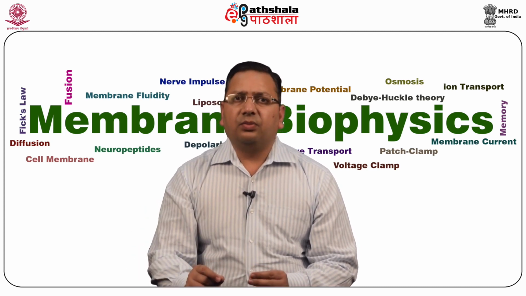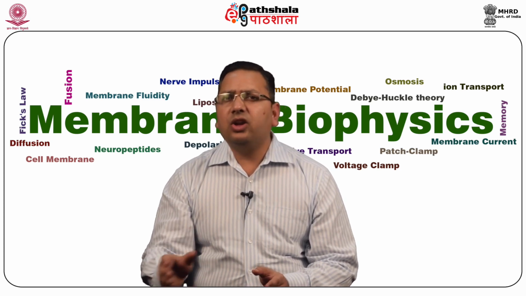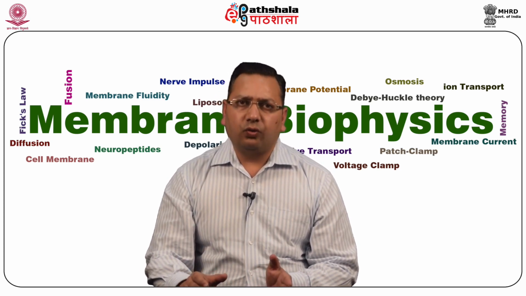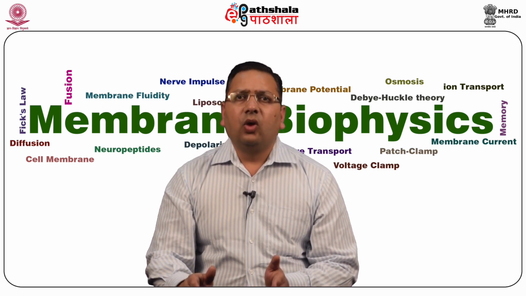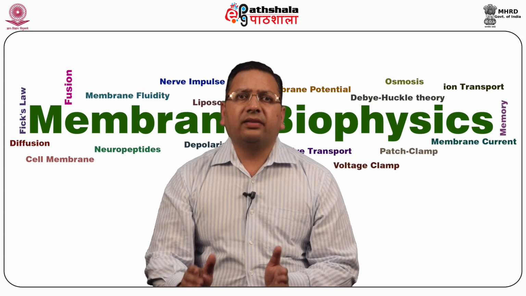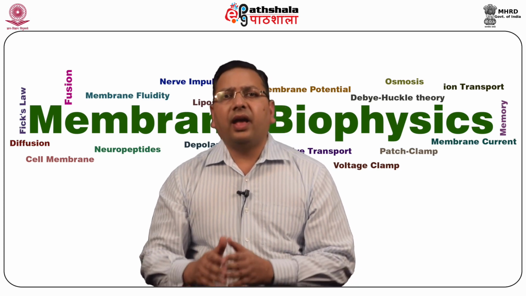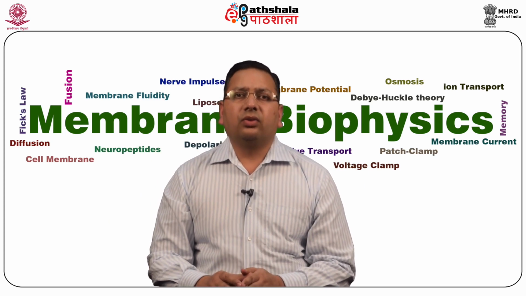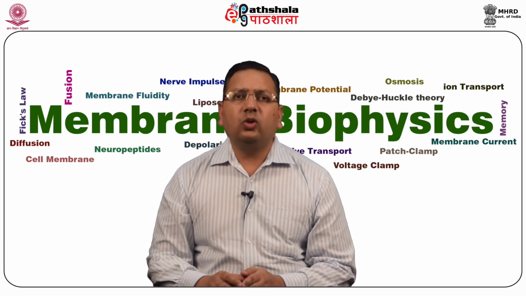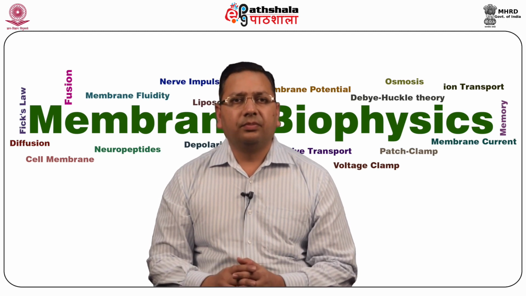In a living system, each cell is covered by a 5 to 10 nanometer wide layer of phospholipids and proteins, which encloses the whole cell and protects the cell cytoplasm from the extracellular environment, and this biological membrane is the cell membrane or commonly known as plasma membrane.